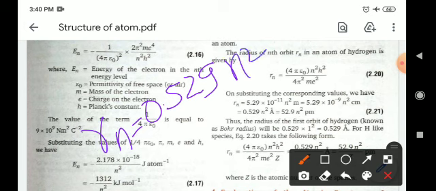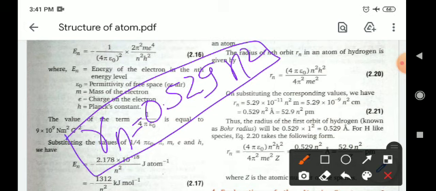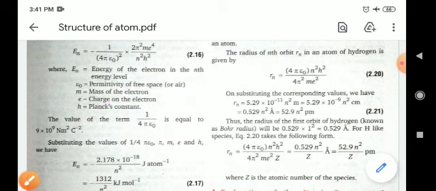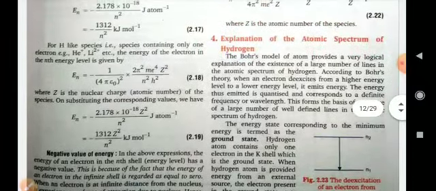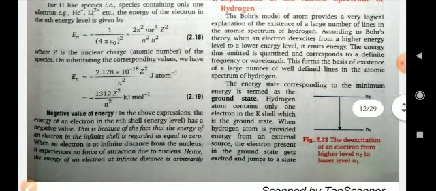This is the formula for calculating the radius. Here you put the value of n, the number of the shell, and you can calculate the radius of that shell.